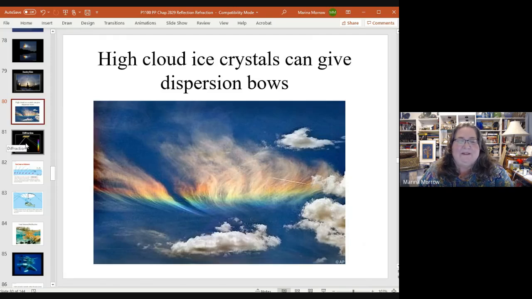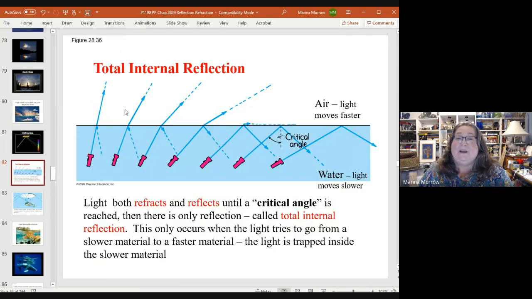Now, some other stuff in this chapter is talking about total internal reflection, and we're not going to go over that except for the idea that as light reflects from within an object that has a thicker, more dense optical material, so a higher index of refraction, so it's slower in here and faster out here.